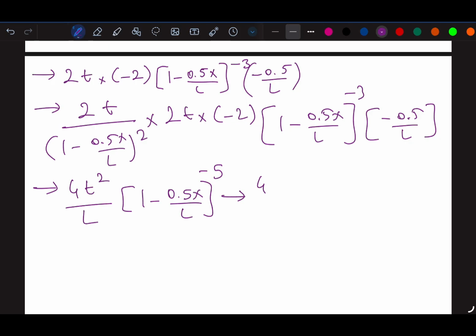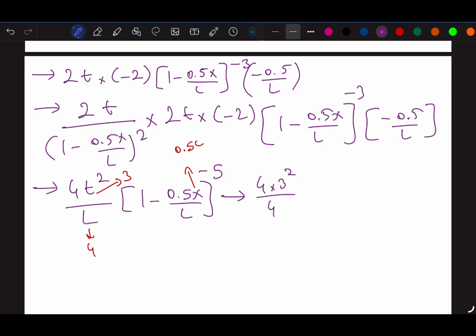So we have t as 3. We have the square of 3 over 4, because this was 4, this was 3, and this was 0.5 L.